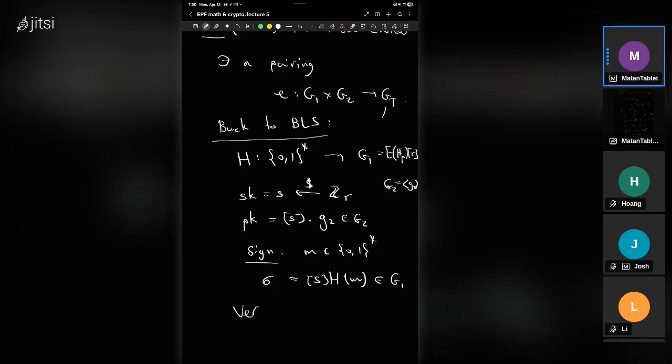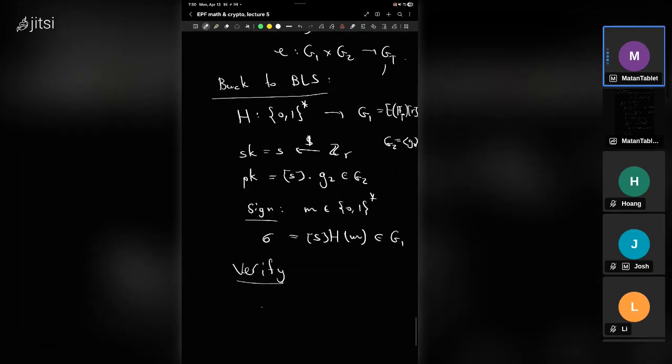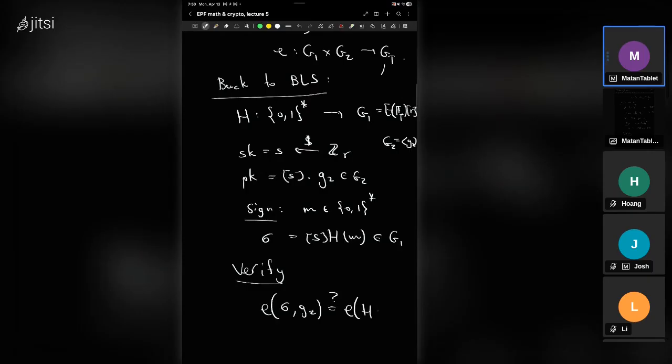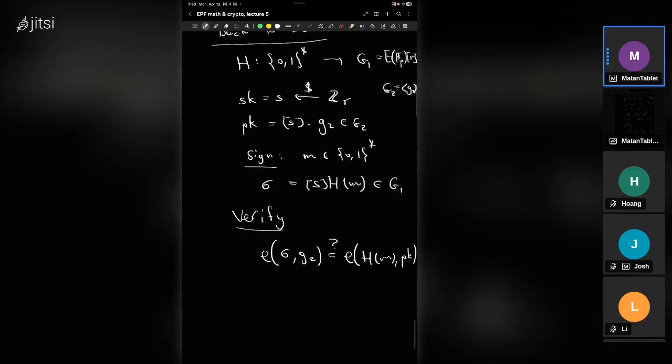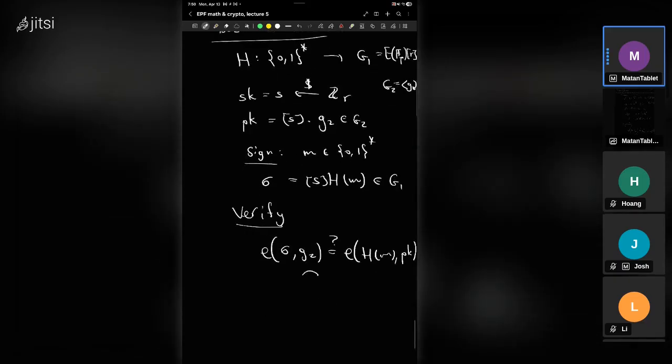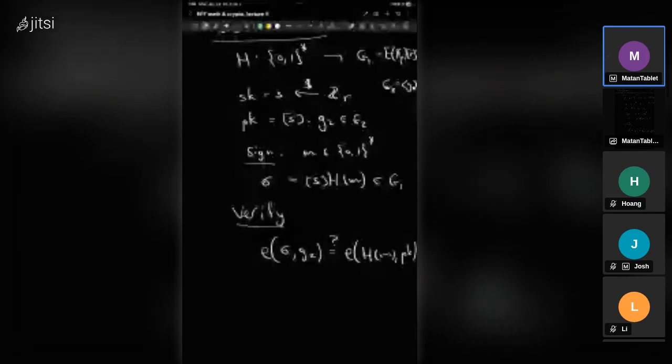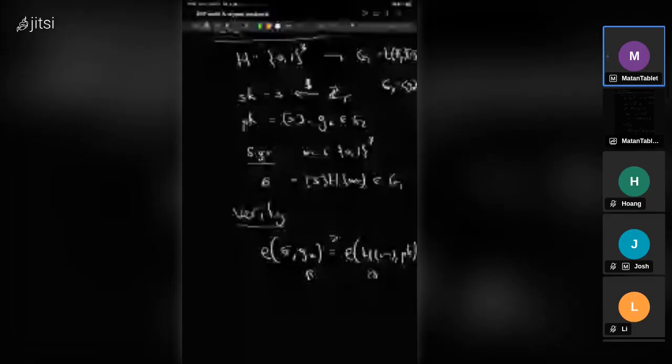And the way I verify, I apply this pairing on sigma and g2, and I check whether it's equal to the pairing of H(m) and PK. Okay, but these guys live in the group of r-th roots of unity, mu_r. This is GT.